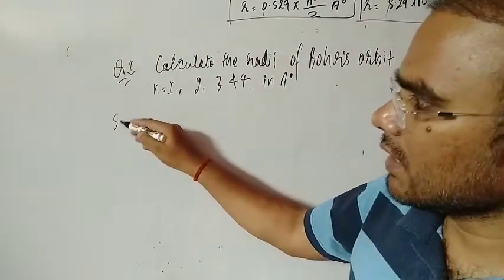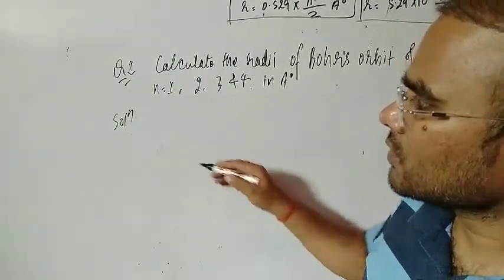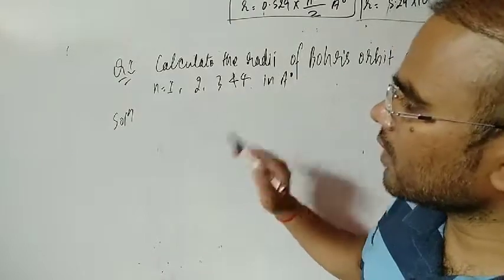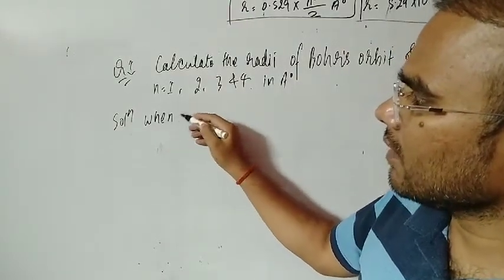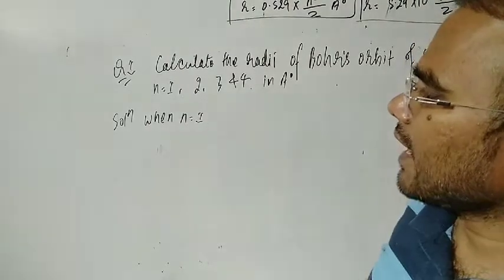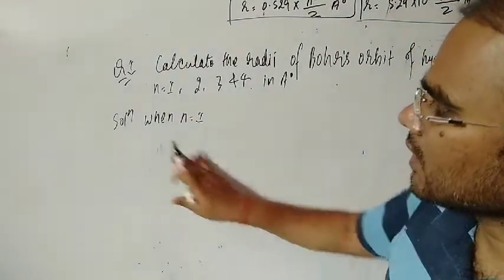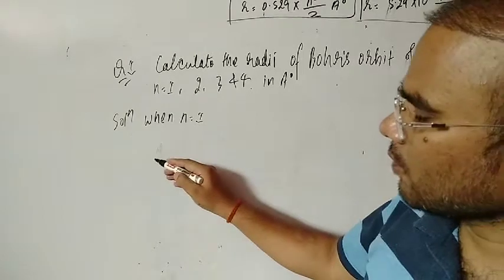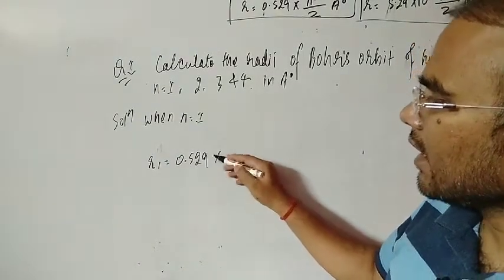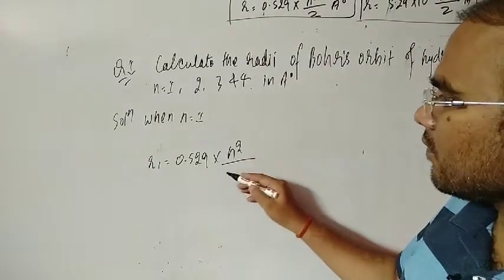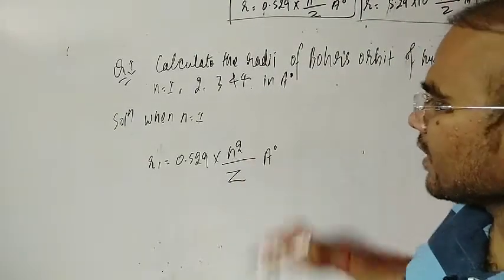So the solution: when n is equal to 1, the formula is R1 is equal to 0.529 into n square upon Z, in angstrom.